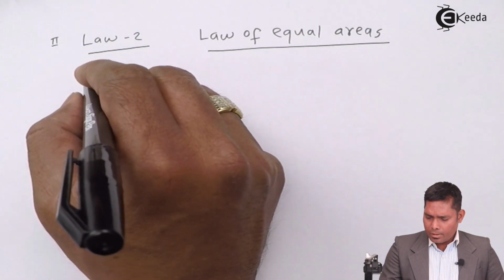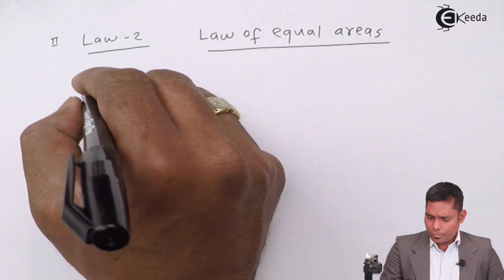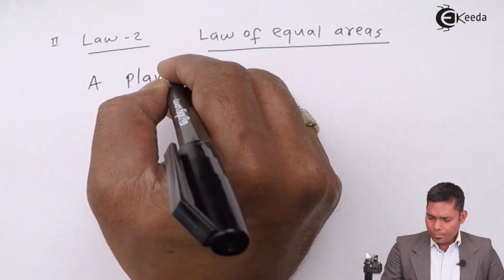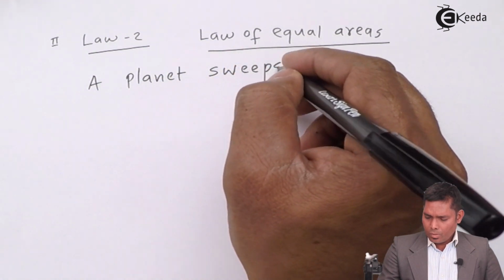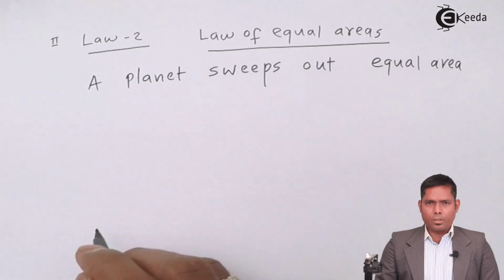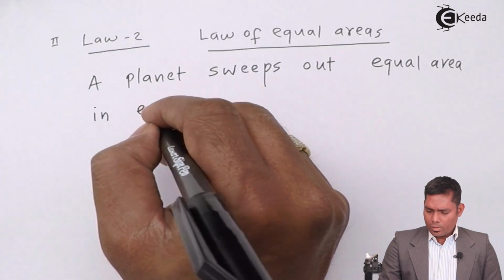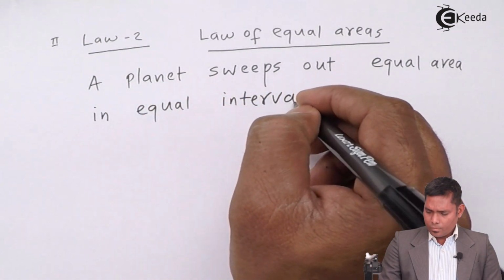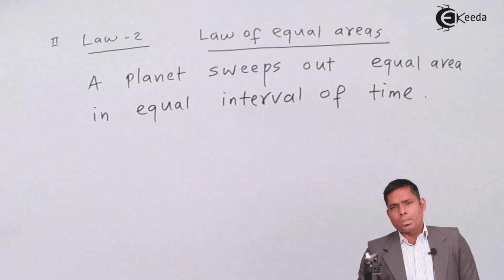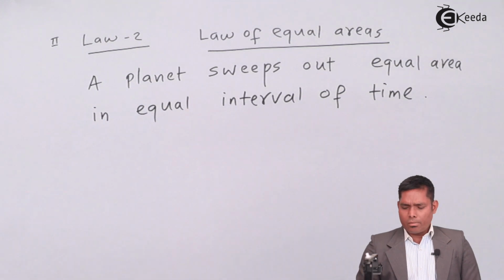It says that every planet sweeps out equal area in equal intervals of time.